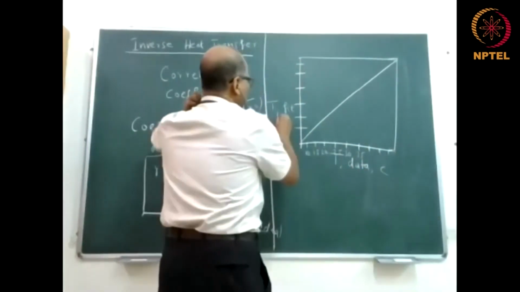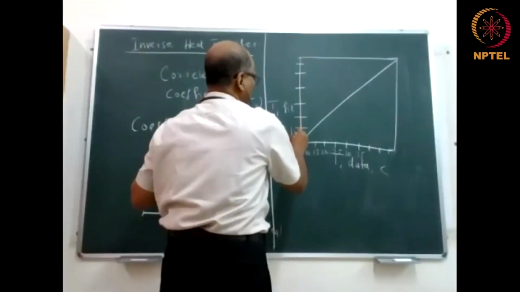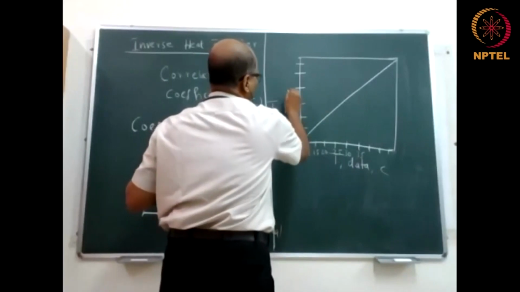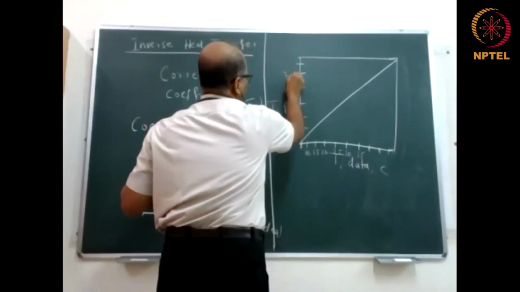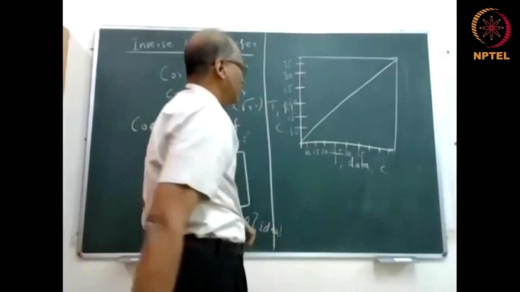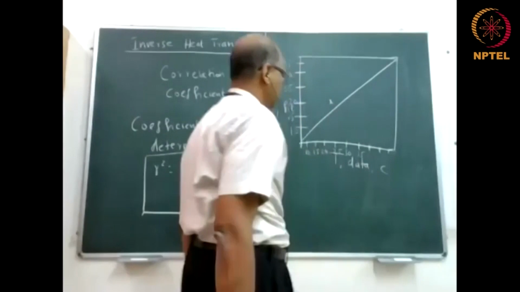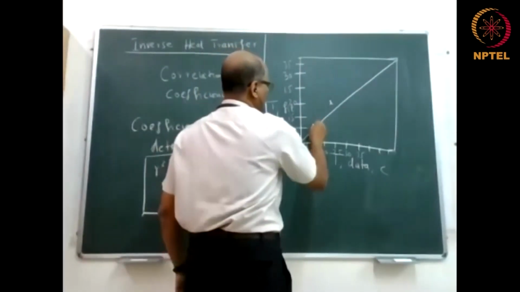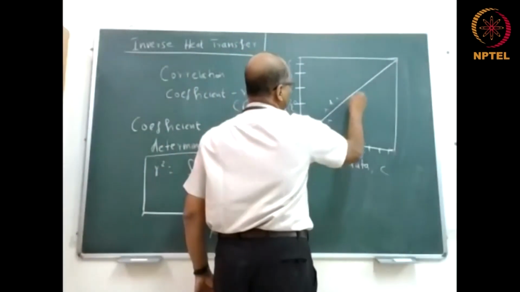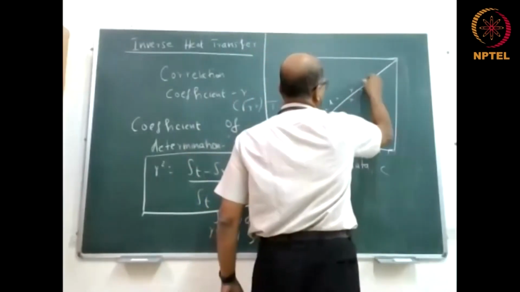This is degree centigrade. So 10, 15, 20, 25, 30. Let's say for 25 you're getting something like this, for 20 you're getting like this. So you're expected to get a scatter like this.